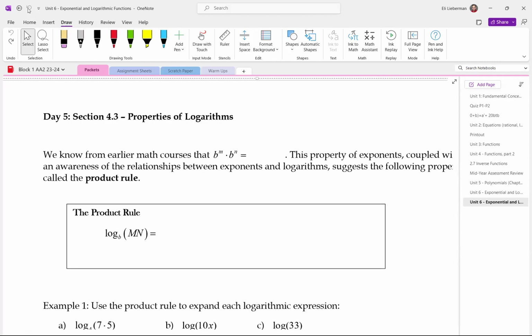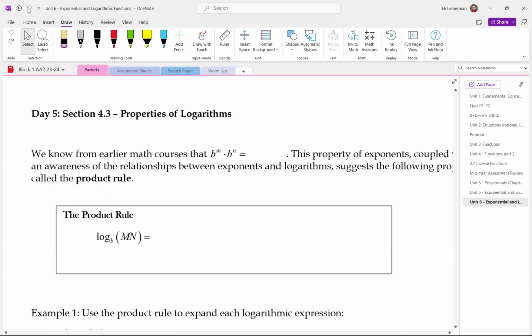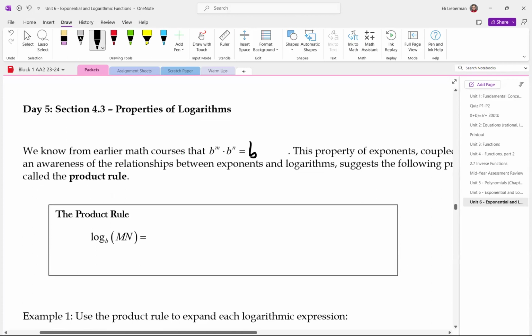Okay, so let's talk about the properties of logarithms. You're already familiar with properties of exponents. Properties of logarithms are similar to properties of exponents. Like you know that b to the m times b to the n is equal to b to the m plus n.